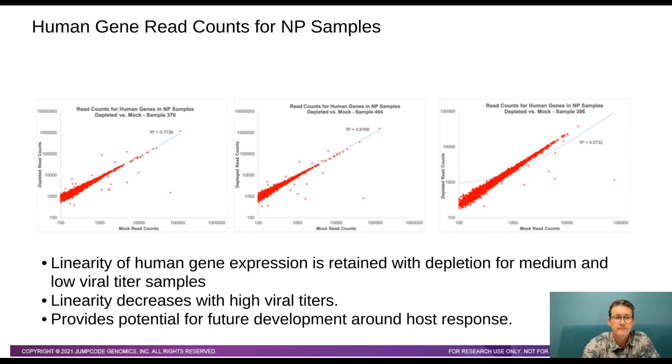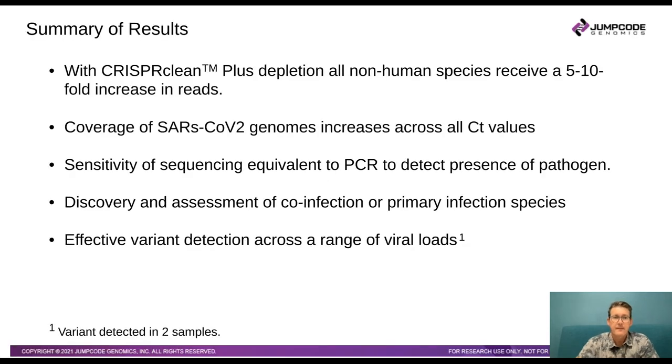And so, in summary, with the CRISPR-Clean plus depletion, all non-human species receive around a 5 to 10-fold increase in reads. The coverage of the SARS-2 COVID genomes increases across all CT values, and the sensitivity of sequencing is equivalent to PCR to detect the presence of the COVID pathogen.